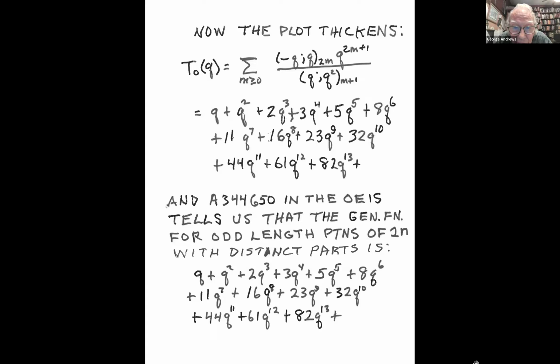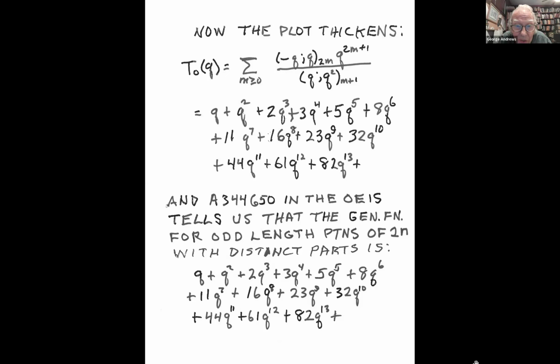A344650 in the OEIS tells us this is the generating function for odd length partitions of 2n with distinct parts. You get exactly the same series, which seems incredible in that the series at the top of the screen seems not at all what it should be if it's going to generate this.